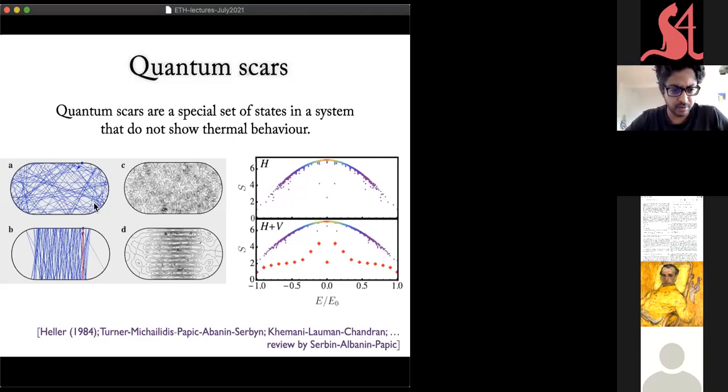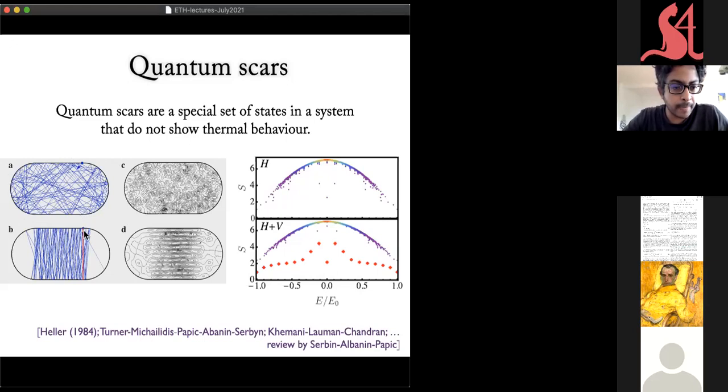Okay, so one example is, let's look at it classically first. So we have this billiards again. In this stadium, we know that if a ball starts from here, then it bounces back and forth between the walls, and then it essentially fills up this stadium. So that's the chaotic behavior.